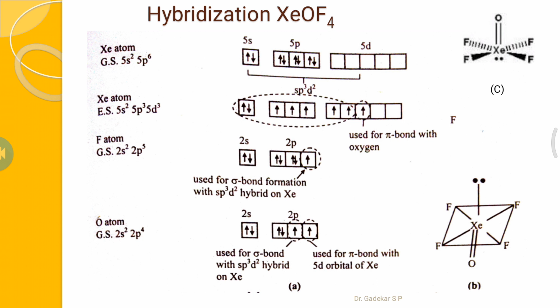So the oxygen atom contains 1 sigma bond and 1 pi bond.